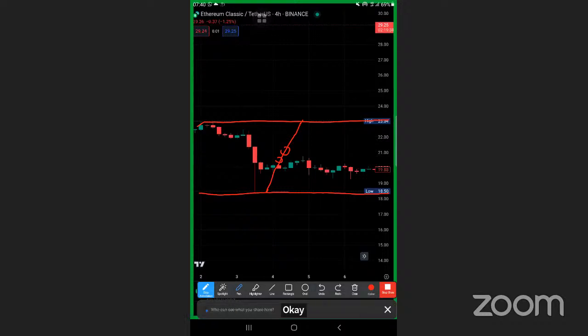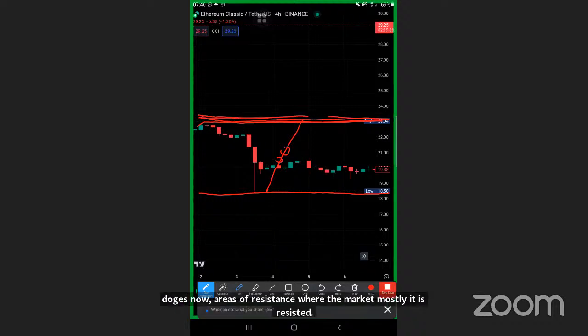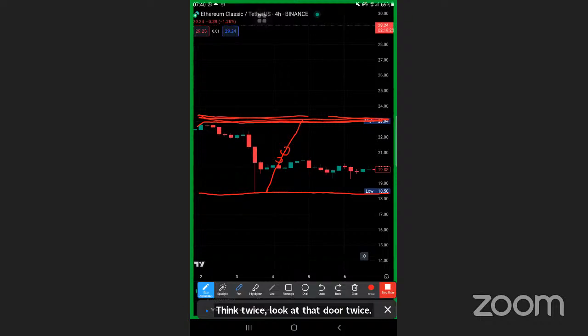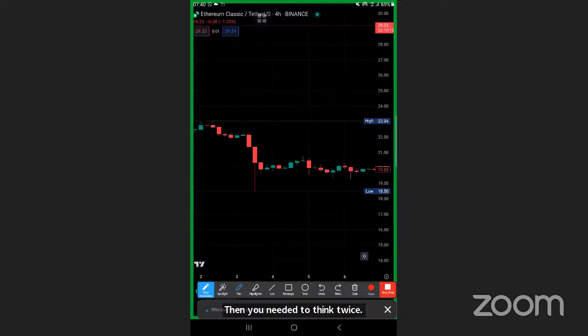But when you see dojis in areas of resistance where the market has mostly been resisted, think twice. Look at that doji twice. Go backward and see: is it an area where the market touches and reacts? Then you need to think twice. So that is about dojis.